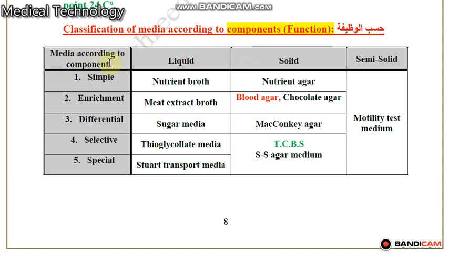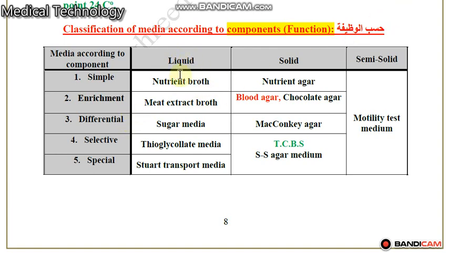Culture media can be classified according to the components into 5 types, or fewer or more, depending on the classification. Commonly they are classified into simple, enrichment, differential, selective, and special. Simple media like nutrient broth. This is liquid media.